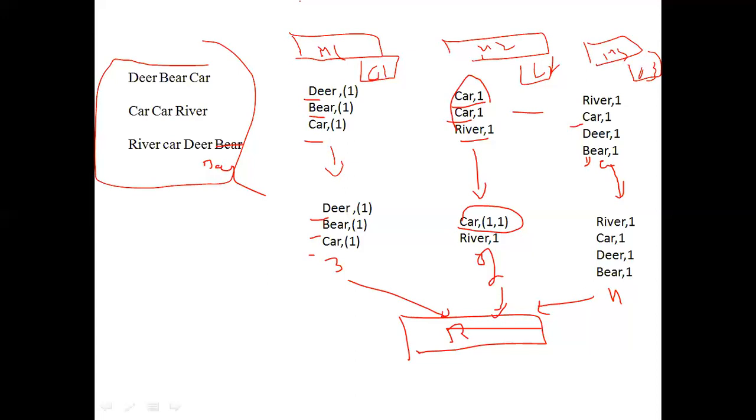Whenever the mapping output contains the same key pairs, they are merged. Like this one, car comma 1, car comma 1 are merged to car comma 1, 1. That is the work of this combiner. It will act as a mini reducer.